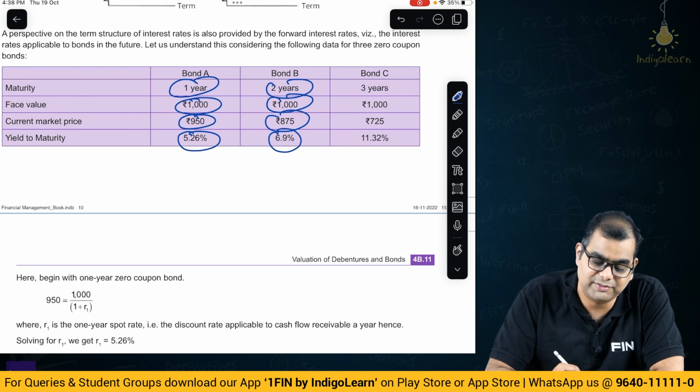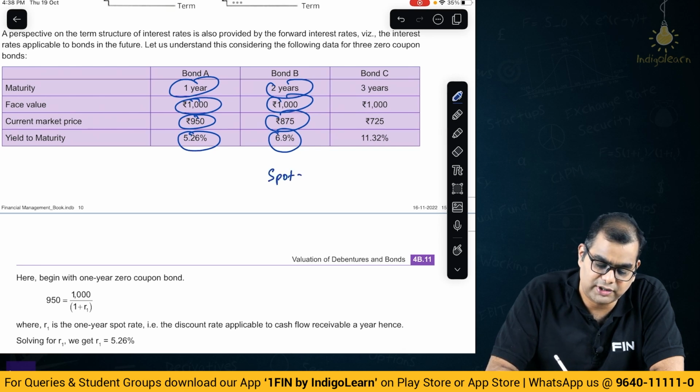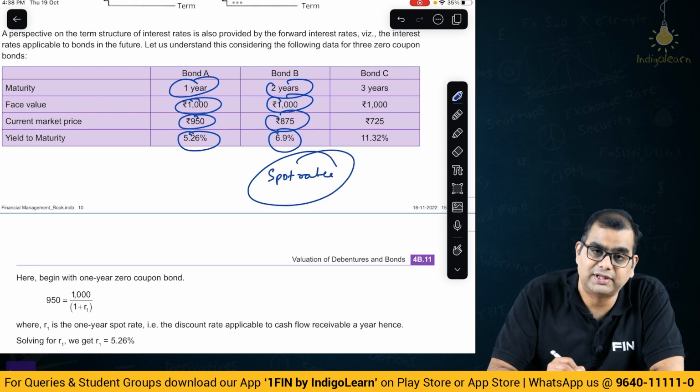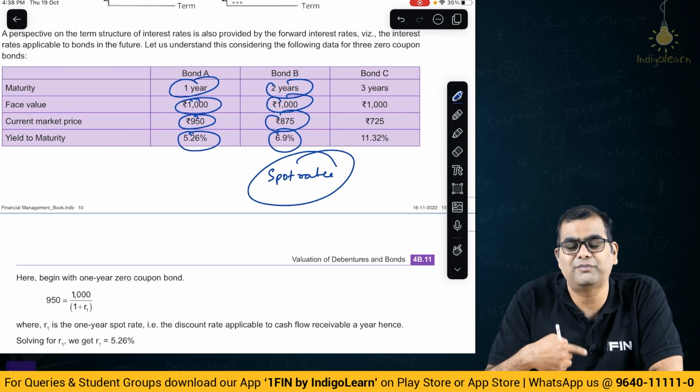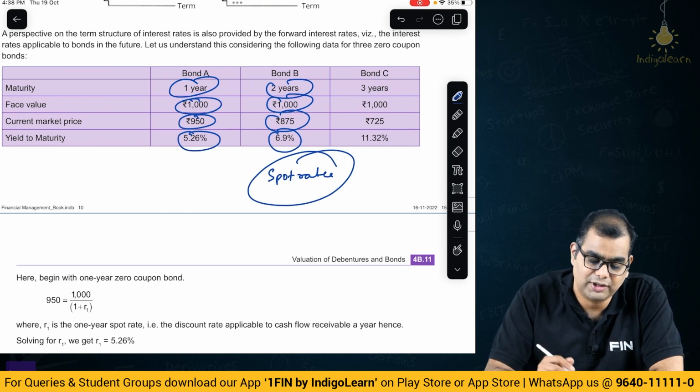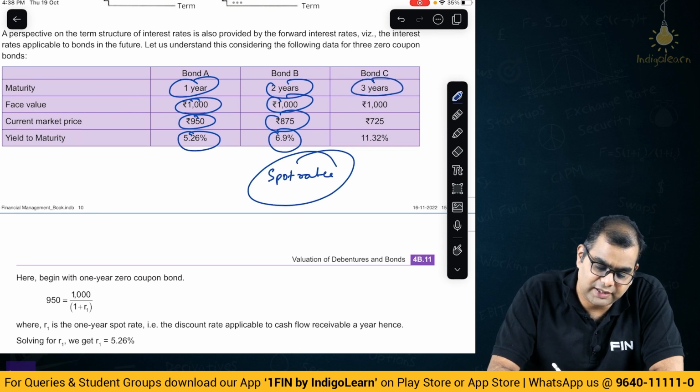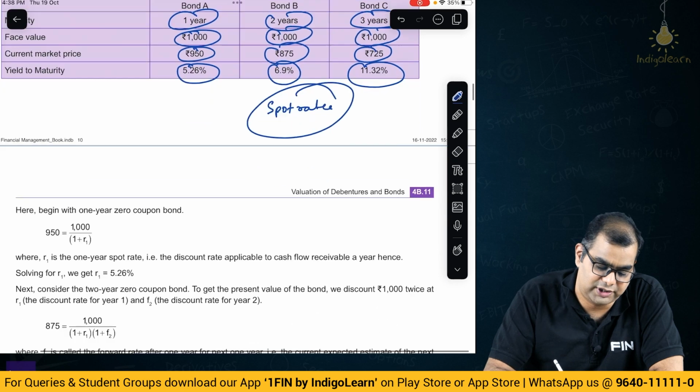What is YTM? YTM is basically the spot rate. The rate that you will ask if someone were to want to borrow from you for a 2 year period. Then 3 year bond, 1000 rupees, current market price 725 and yield to maturity 11.32.